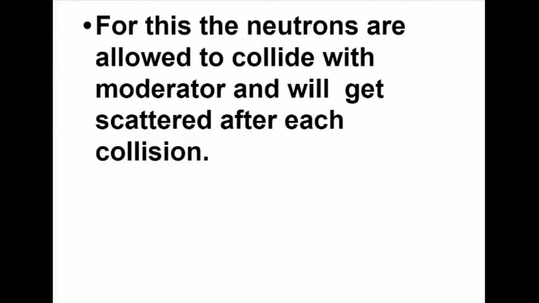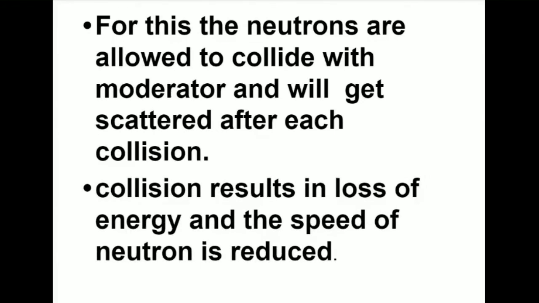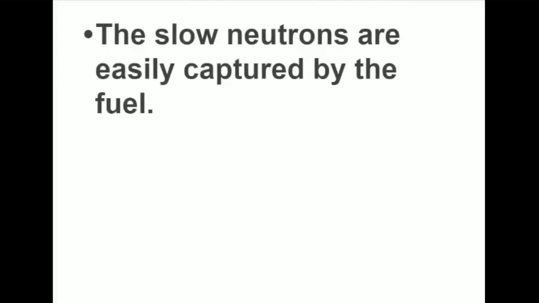The neutrons are allowed to collide with the moderator and will get scattered after each collision. Collision results in loss of energy and the speed of the neutron is reduced. The slow neutrons are easily captured by the fuel.